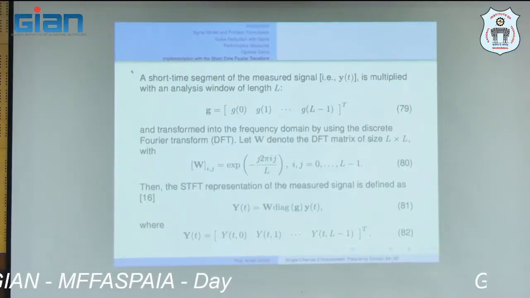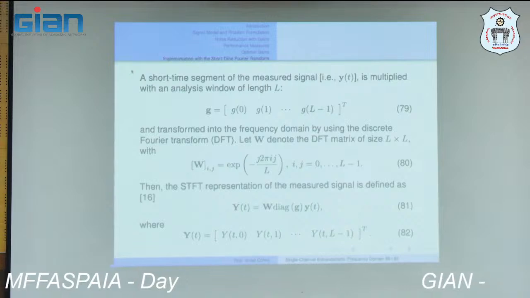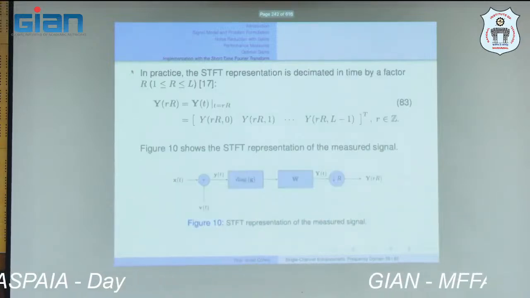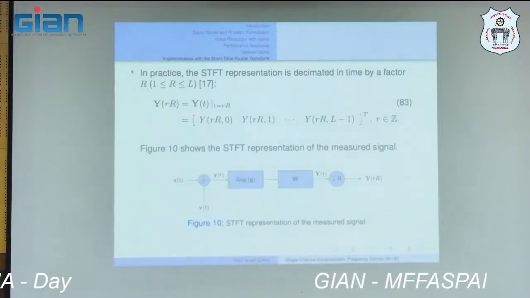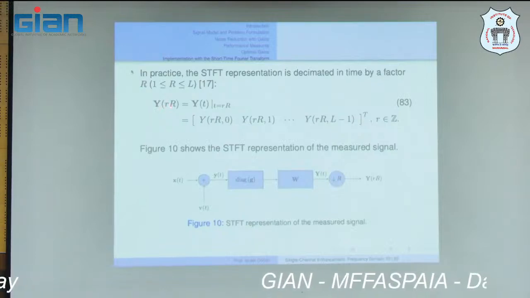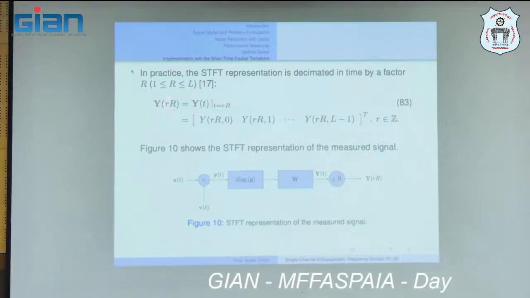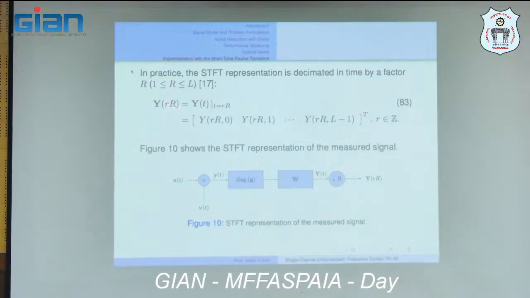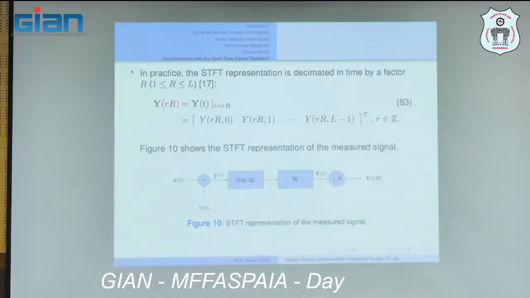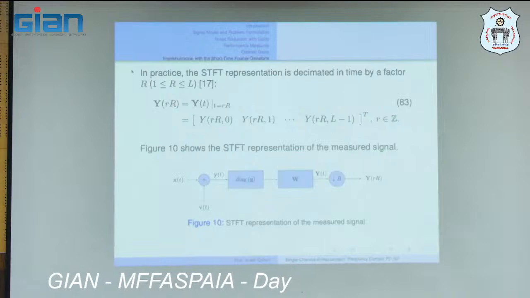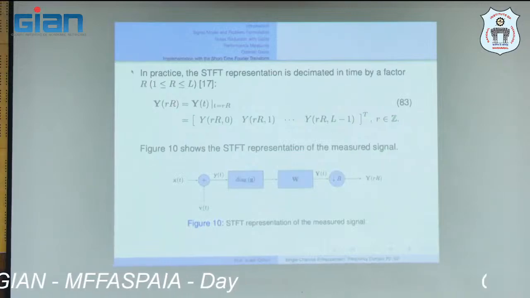I will write it more specifically in a minute. So instead of using T here, we can have an index R for the window, and this is the jump, how many samples we jump from one window to the next window.